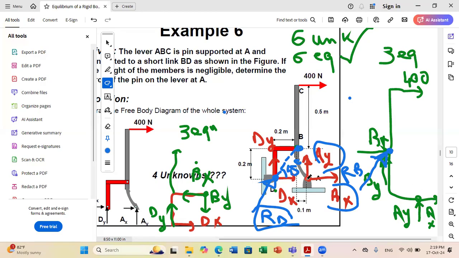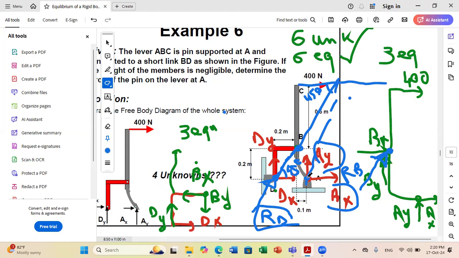Because we have application of forces at only 3 points, A, B, and C. So we have a property saying that the three forces should pass through the same point. We know that the force at C is horizontal. We know that the force at B is making an angle of 45 degrees with the horizontal. So we can be sure now that the reaction at A should pass through this point.